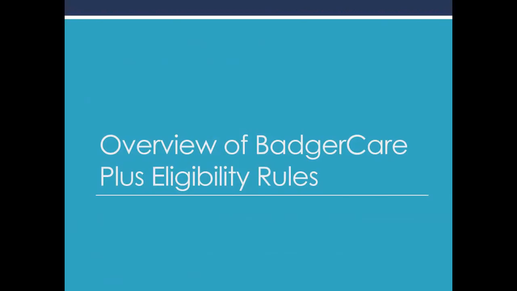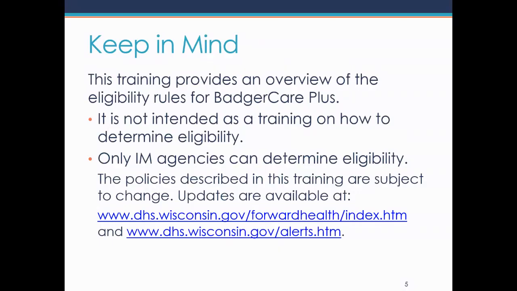So let's take a look at an overview of Badger Care Plus eligibility rules. Before we do, please keep in mind that this training provides an overview of the eligibility factors that will be considered for Badger Care Plus. It's not intended as a training on how to determine eligibility. Only income maintenance or IM agencies can determine eligibility for most programs.